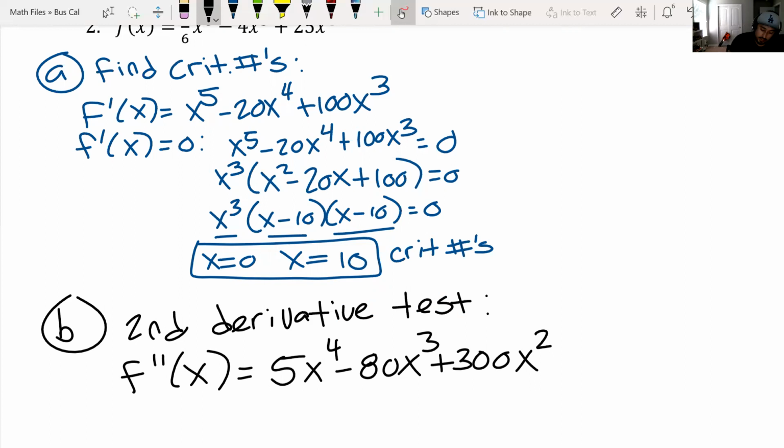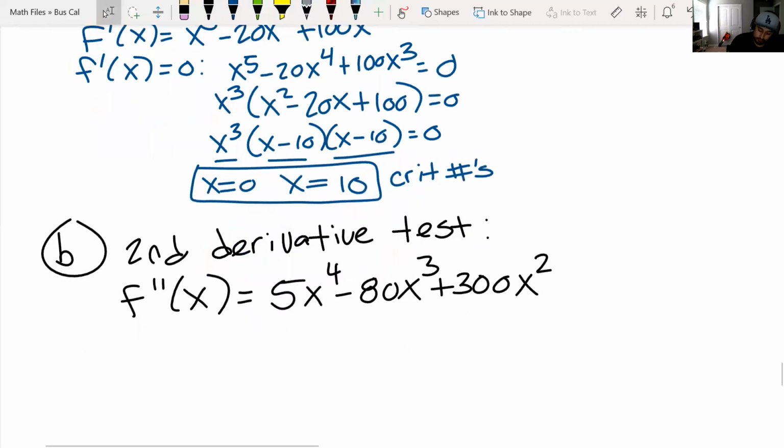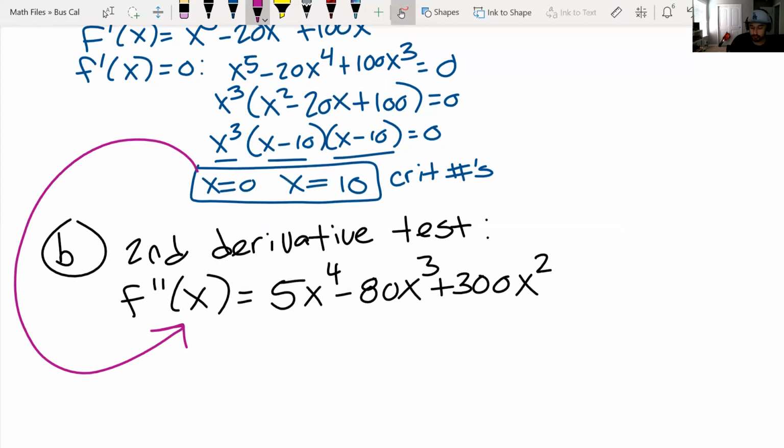Okay, and now once again, you will take these critical numbers and plug them in for x. And let's see what we find by the second derivative test.